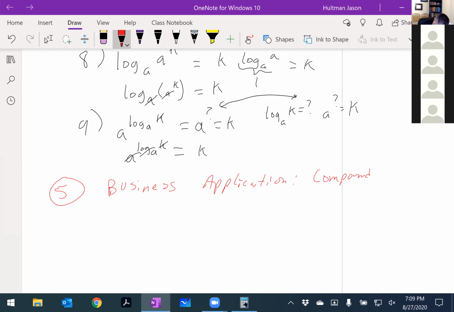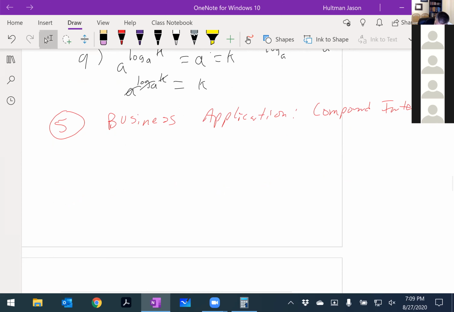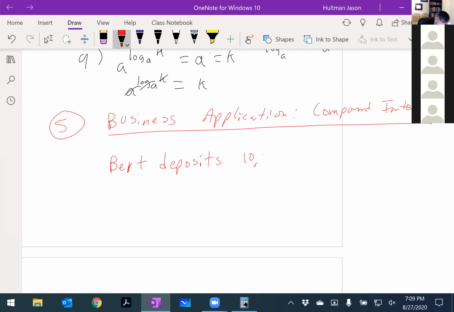Bert deposits $10,000 in a savings account at 3.25% interest. Oh, look at that. I've seen this before. Nice.